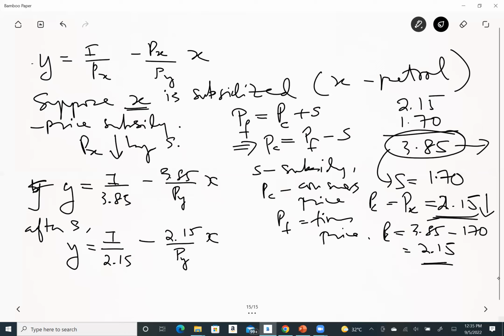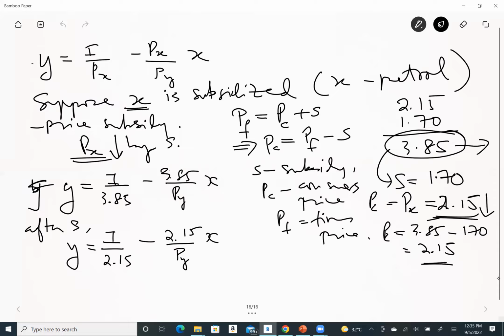The effect is you have a lower price of X because X is the subsidized good. So when the price of X is subsidized, that means the price of X becomes cheaper. So what happened to the budget line?